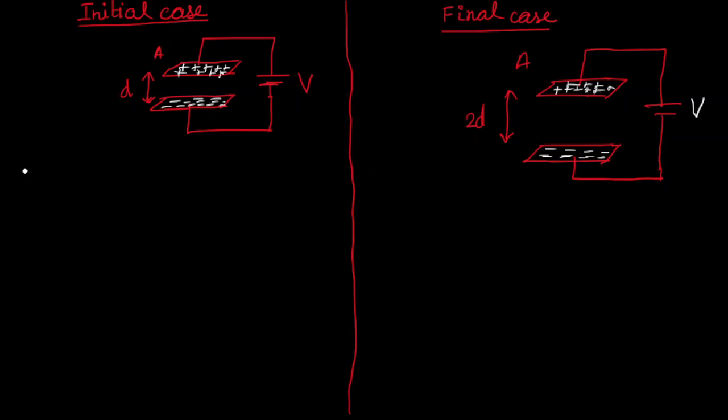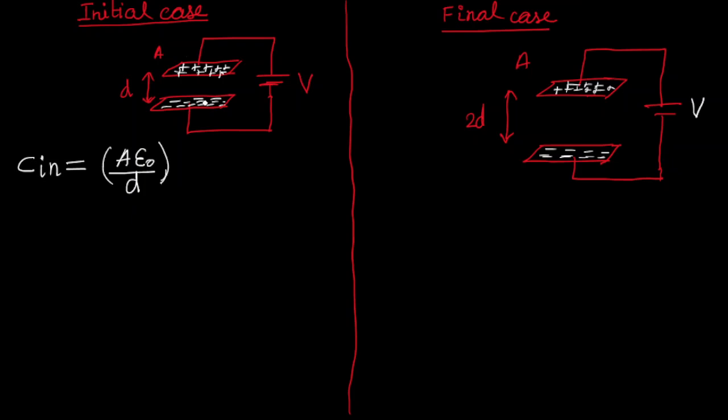So in the first case, if we want to write the capacitance of the capacitor, C initial, what will that capacitance be? We all know a parallel plate capacitor with cross section area A and plate separation D, with air between the two plates, has capacitance A epsilon naught divided by D. So this is the initial capacitance of the capacitor.